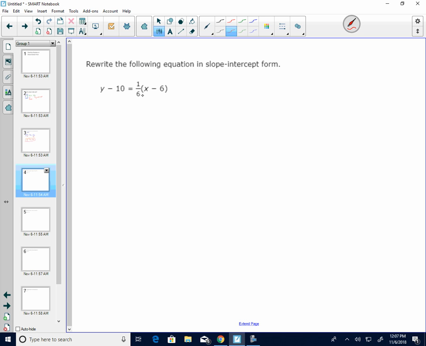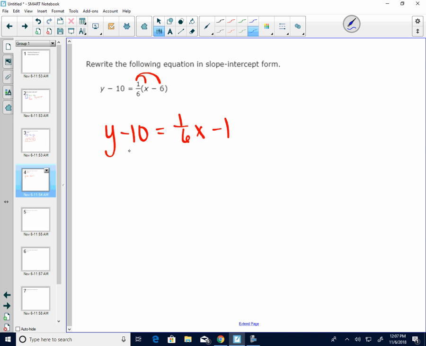Our next example, instead of having an integer that we multiply by, we multiply by a fraction. So we still have y minus 10 is equal to 1 over 6x minus 1, because 1/6 times x is 1/6x, and 1/6 times a negative 6 is a negative 1. Y is not by itself.